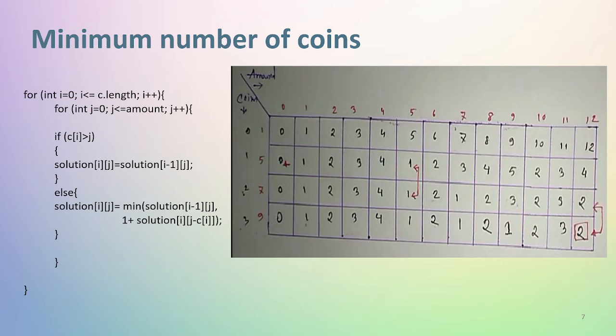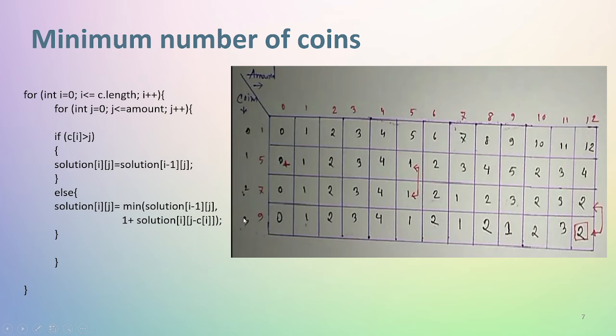The previous is 5 and the new value is 1, 0 plus 1 is 1. Between these two values, 1 is the minimum, so we write 1. Again, we perform the same procedure as well.